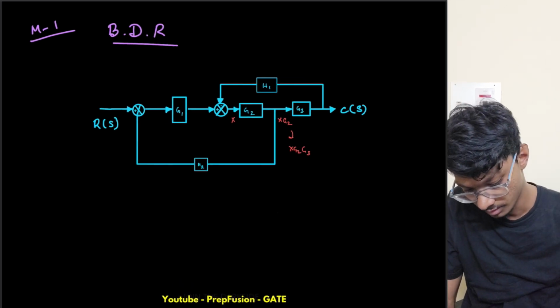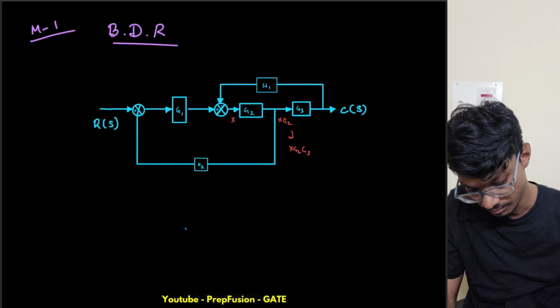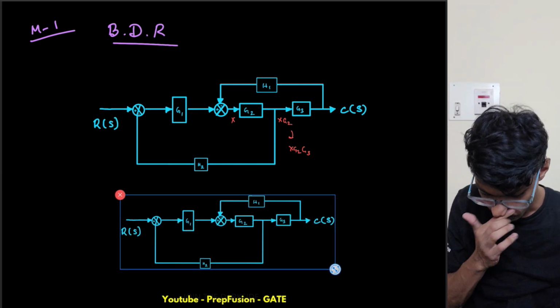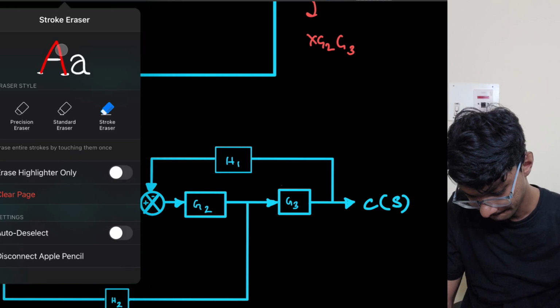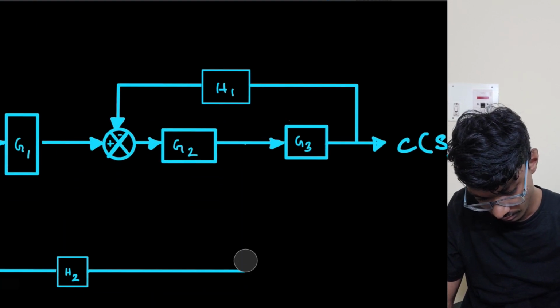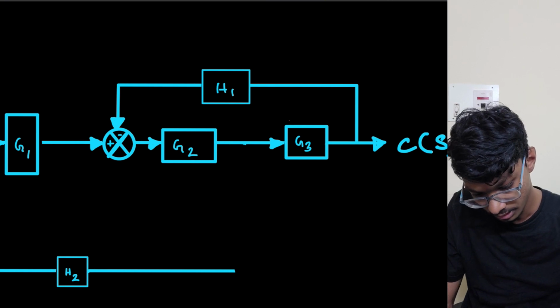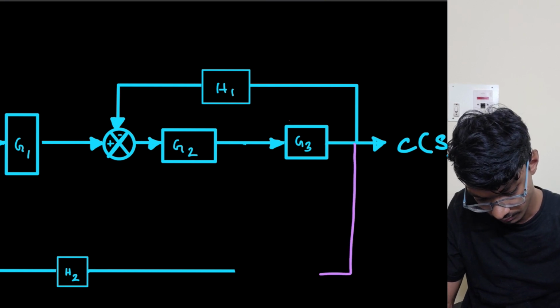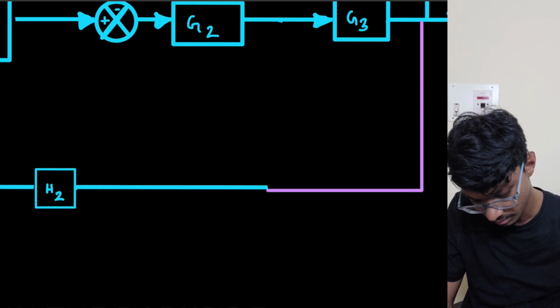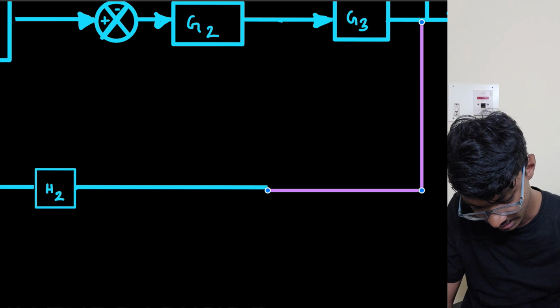So I will paste this here. This is the issue with block diagram. Now delete this, and connect this point with this block. This may seem like it is not connected, but it is connected.